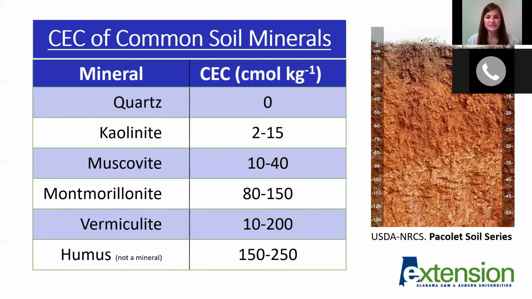Because of this, we really have to work to manage our soils, manage our fertility, manage our soil health. You can see that at the bottom of this chart, I have humus listed, which is a component of organic matter. So if we can build up organic matter in our soil, that also contributes to cation exchange capacity. We really have to work to maintain fertility and soil health in order to maintain good forage production systems in Alabama soils.